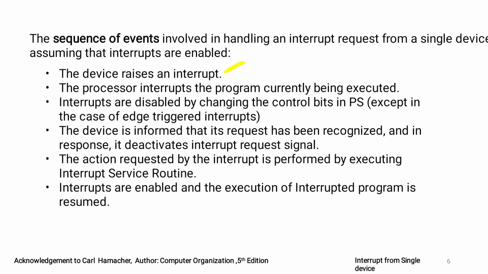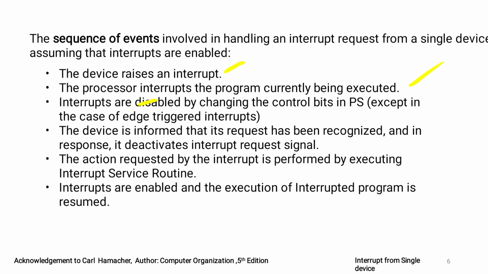The processor interrupts the program currently being executed, like the compute routine in the example we saw. It will suspend the execution of that. Interrupts are disabled by changing control bits in the processor status register.